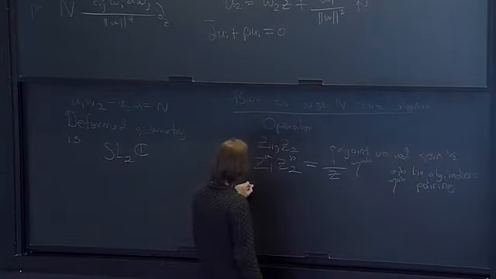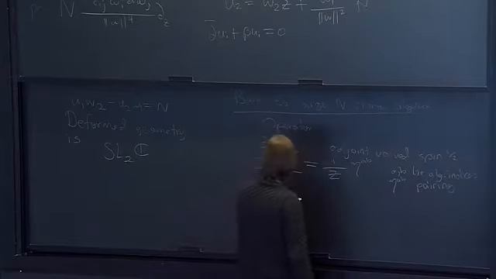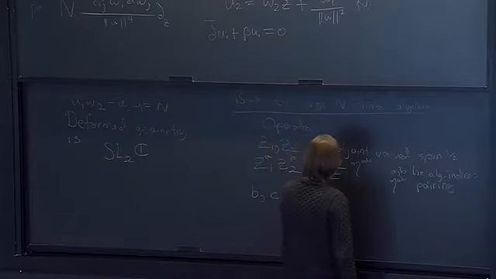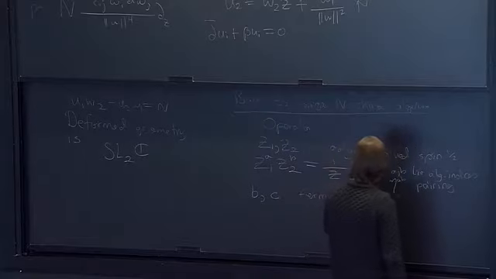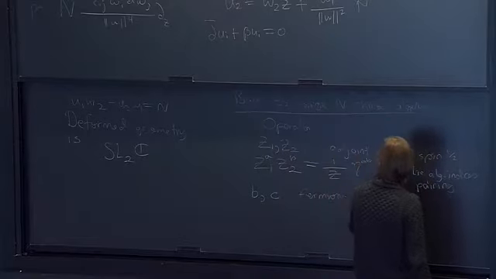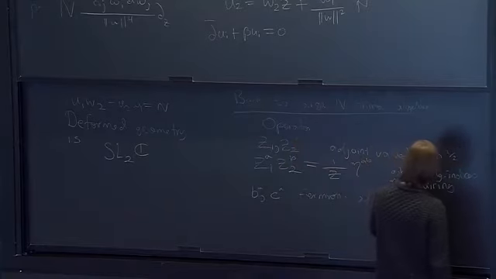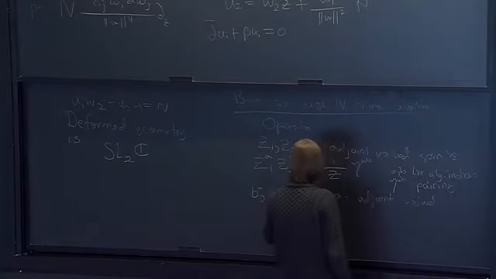You also have B and C, which are fermionic, adjoint valued. So they have Lie algebra indices. And B is a spin 1, C is of spin 0.